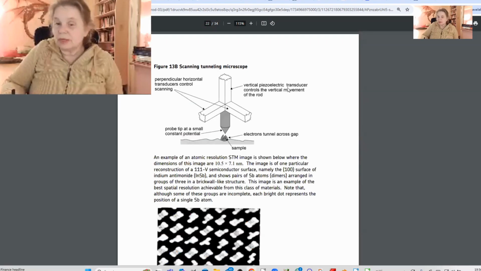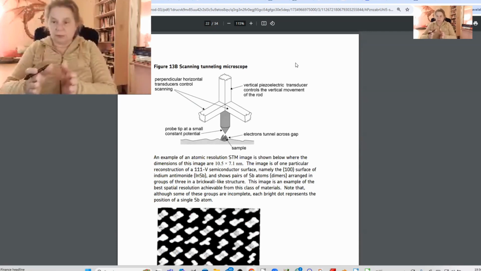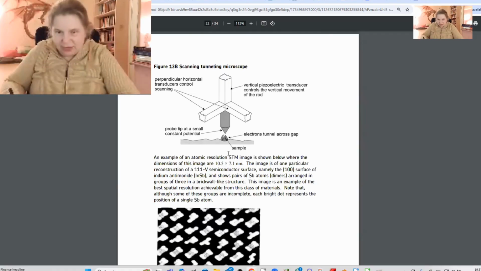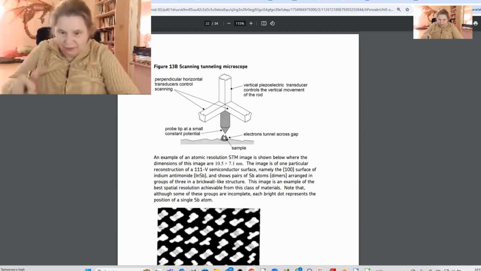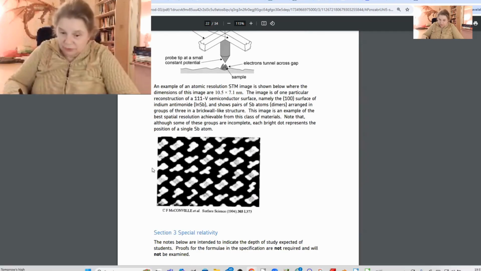So it's a piezoelectric transducer. Piezoelectric is you apply voltage and it changes the size of it, or if you squish it, it produces a voltage. And so you can control really, really carefully where the position of the tip is. And you can get amazing resolution.